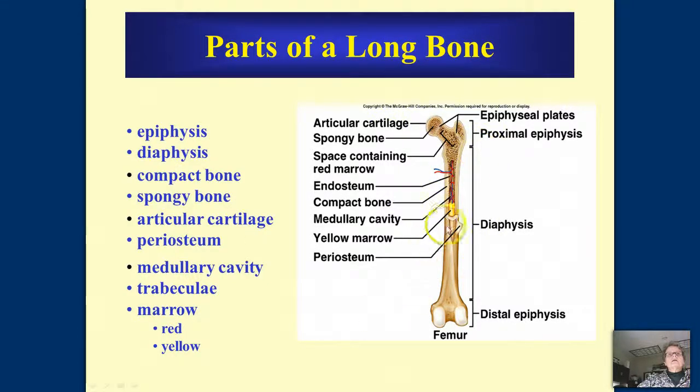In a young child it would have red marrow in the medullary cavity. Remember, yellow marrow is an area where adipose tissue is stored, and that would be in the medullary cavity of long bones in adults. Okay, red marrow: hematopoiesis, the formation of blood cells. Yellow marrow: storage of adipose tissue.